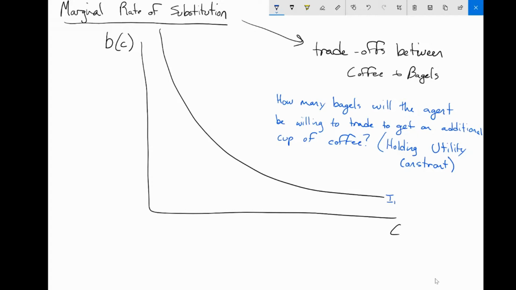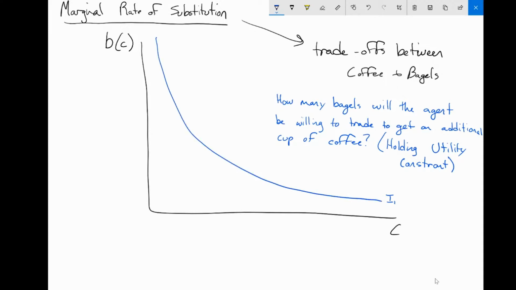All right, remember this indifference curve. I'm gonna draw this in blue. This indifference curve is based on the utility function for coffee and bagels. Okay, so how many bagels am I willing to trade to get an additional unit of coffee? Now, whenever I say one additional unit, an alarm should go off in your head and say this is marginal analysis.